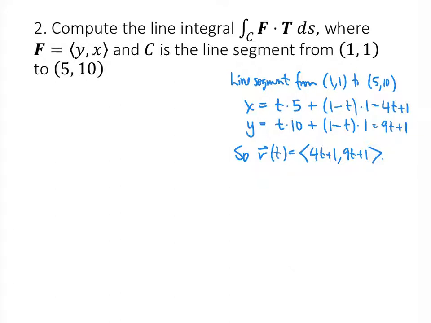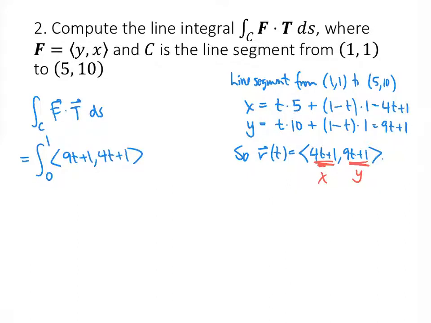Now our line integral of F dot T ds is just going to be the integral from 0 to 1, since our parameterization goes from 0 to 1. Our vector field F is y comma x, so we put the y component in here, 9t plus 1, and the x component here, 4t plus 1.